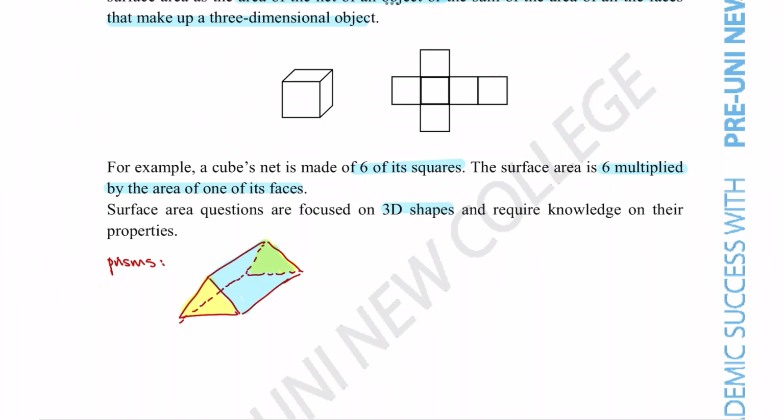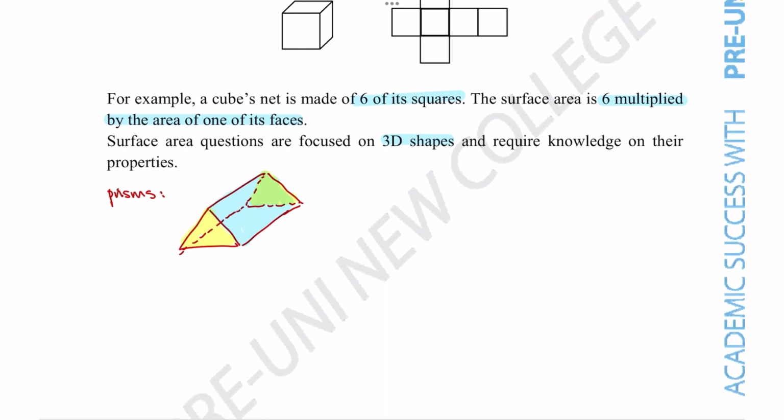So if you made the net of this shape, we would have 3 rectangles and 2 triangles, or whatever the base shape is. And the number of rectangles would of course depend on what the base shape is as well.